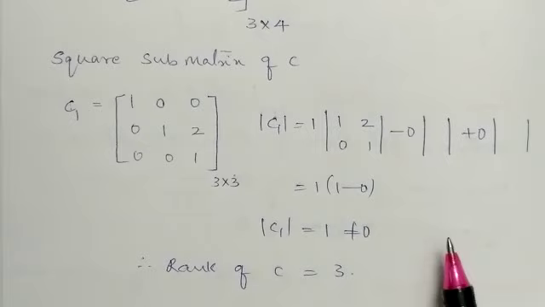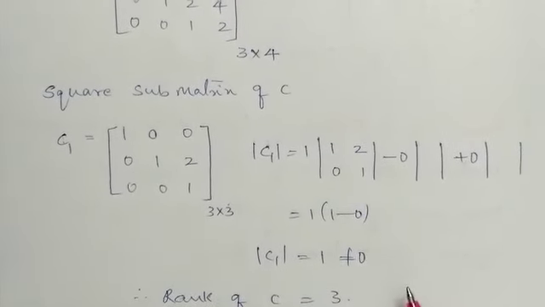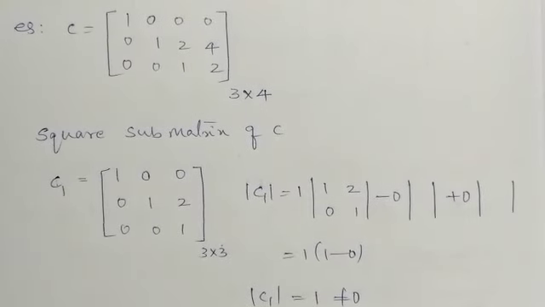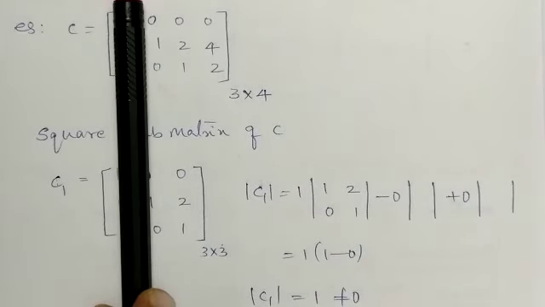Suppose the C1 det value is 0. Now go for one more square submatrix of order 3 by 3.